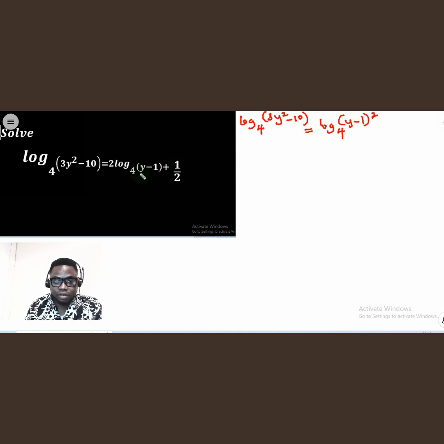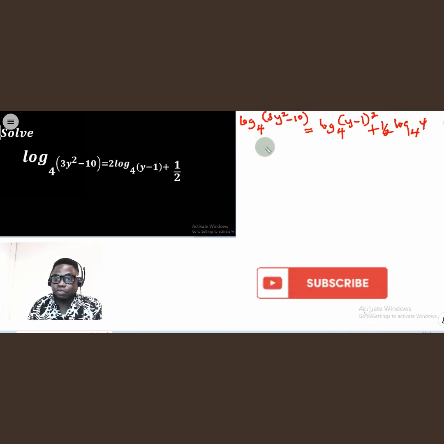That's 2 is going to be the power of y minus 1. So plus, I'm going to apply the law of log of its own base. That's going to give me log 4. The goal is to make every number here have log in base 4.